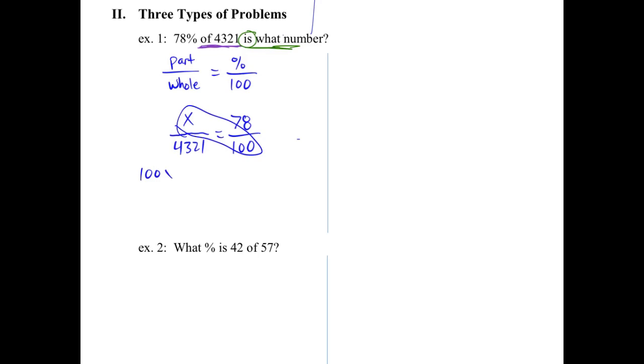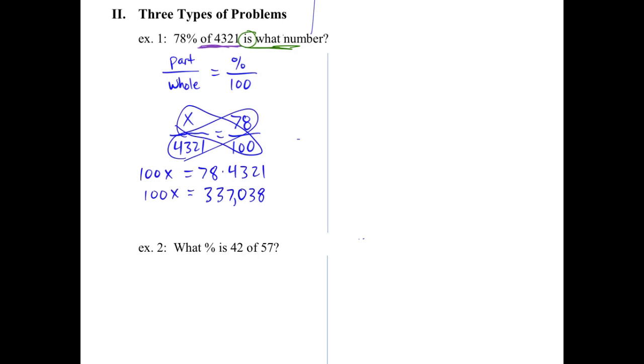So we do 100 times x equals 78 times 4,321. Then we could multiply those two together. 78 times 4,321, we get 337,038 equals 100x.